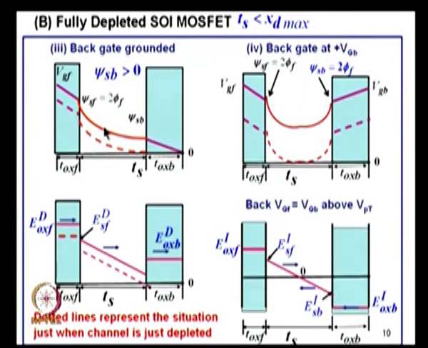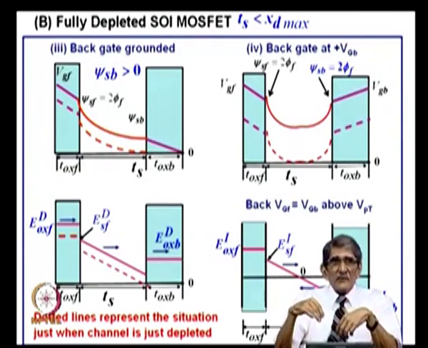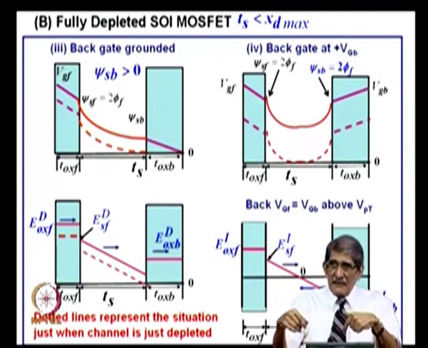See, why I am pointing out this field is, we had said that in the bulk MOSFET, the mobility is affected by doping, and by the field in the vertical direction. The vertical direction in this case is from the gate down to the channel.